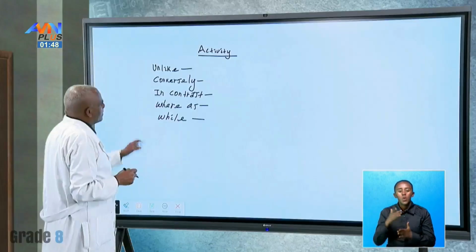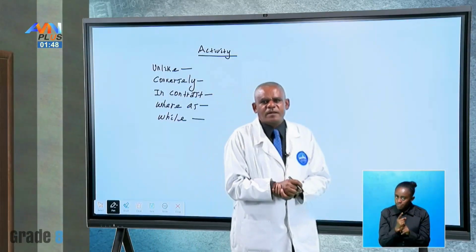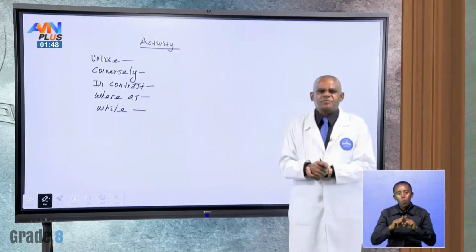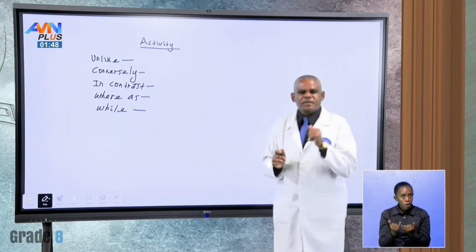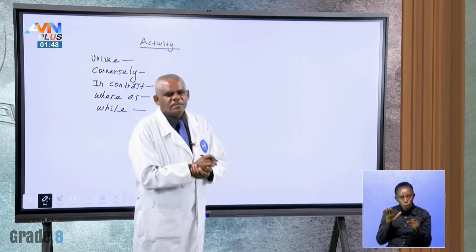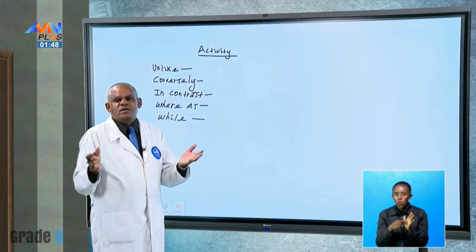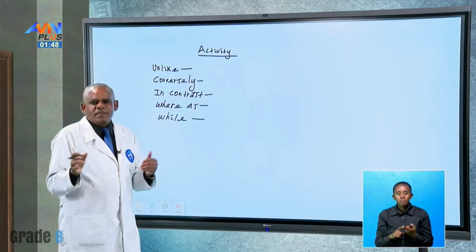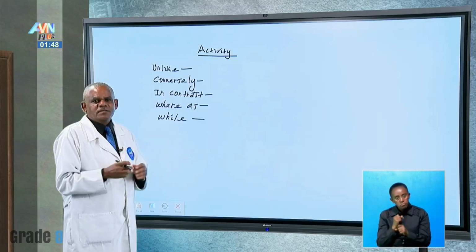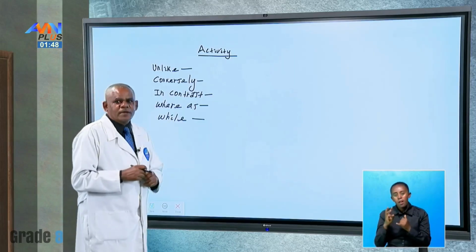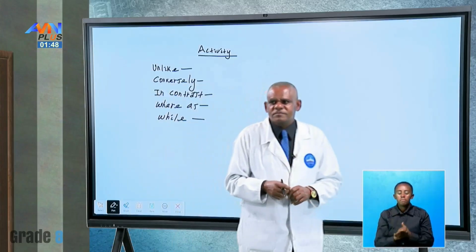What kind of expressions are these? Yes, you are right. These are contrasting expressions. Now I'd like to give you 2 minutes in order to complete these activities. And then try to show your friends as usual. And then I will give feedback on what you have done and share it with your friends. And then finally, I would like to put my own sentences. Take time. That's an interesting one.